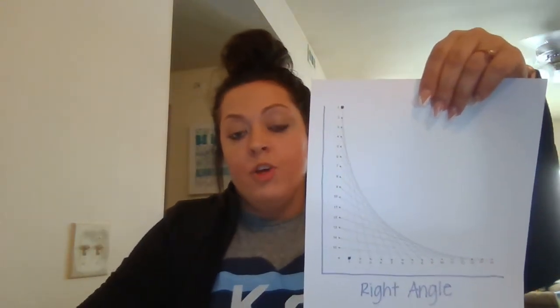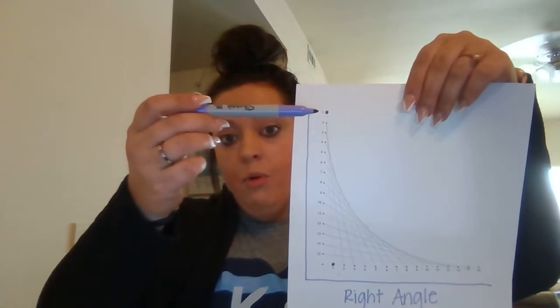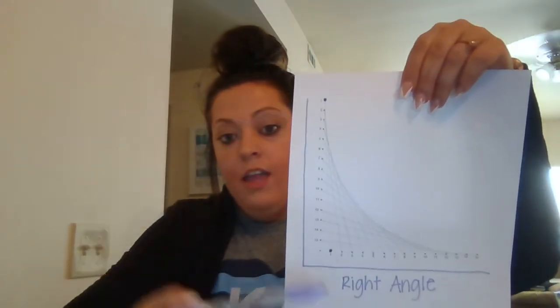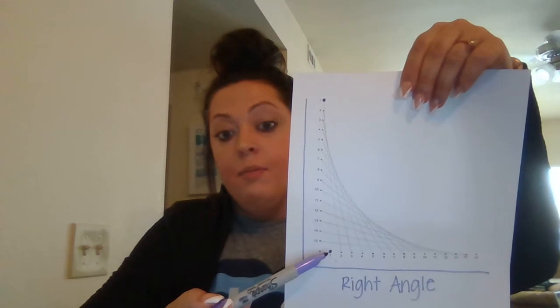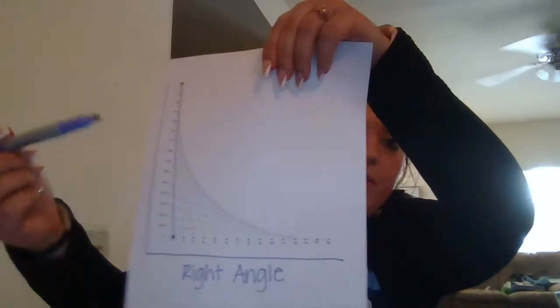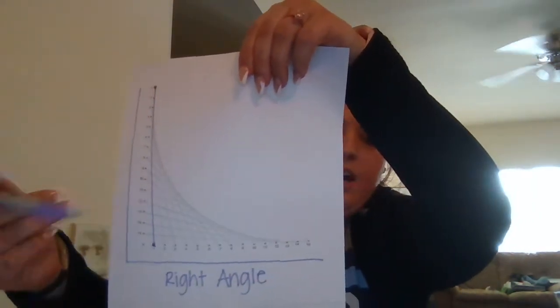First we are going to start with our number 1 dot at the top, and then our number 1 dot on the bottom. Take your ruler or straight edge and connect the dots from point 1 to point 1, which should come out like that with my marker, as you can see here on the side.